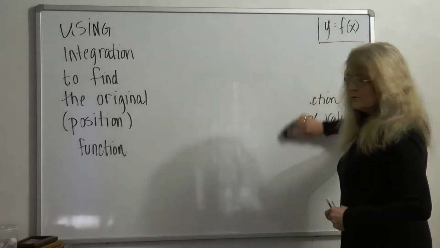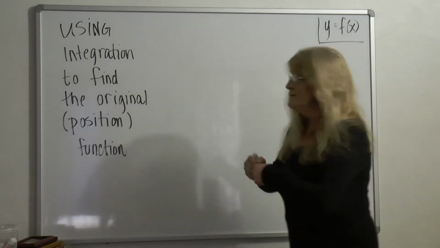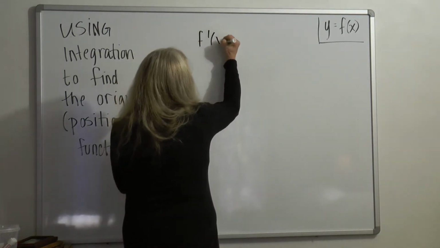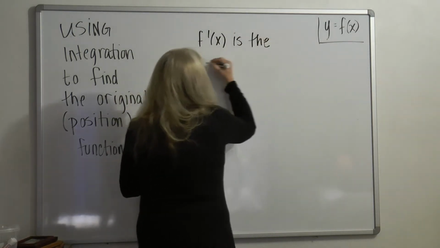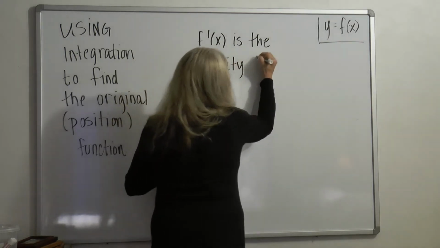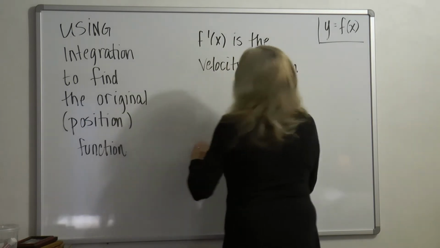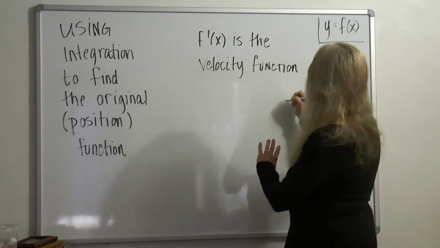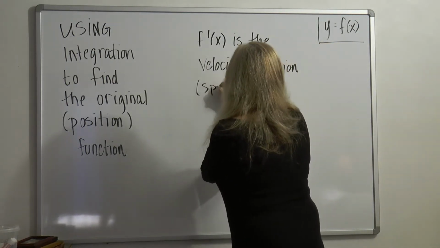Now, if we know the rate of change of something, f prime, that's our velocity function. Because remember, that's going to give me my instantaneous rate of change, okay, which is speed with direction.